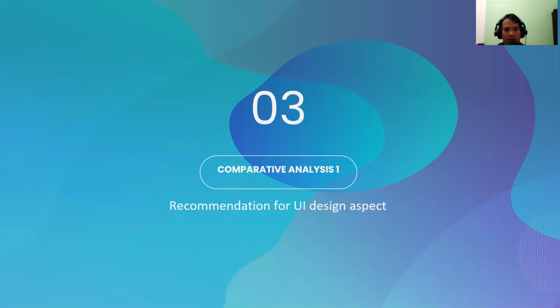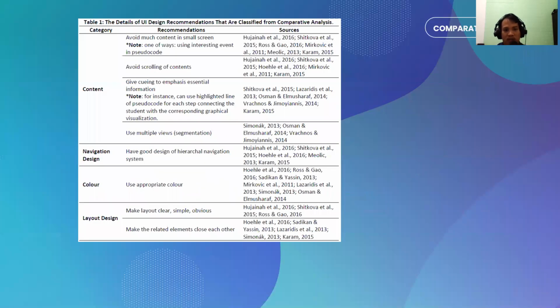Okay, now we are talking about the summary of it. The first summary, based on the result of comparative analysis 1, is the recommendation of UI design aspects. In order to get this, we extracted the recommendations.